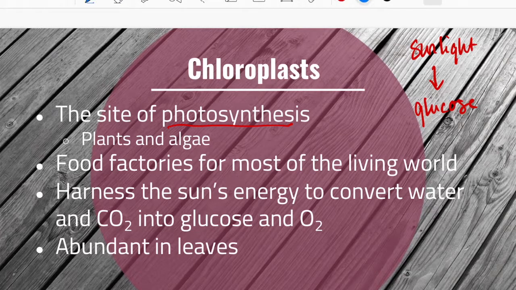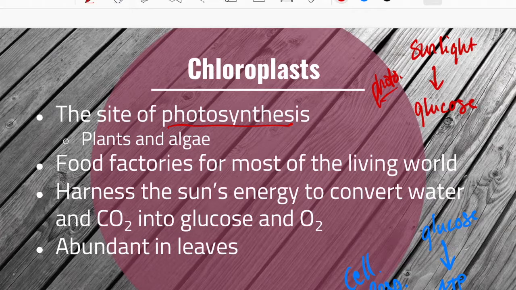Then there's another process that occurs in the mitochondria called cellular respiration, where the glucose gets converted into ATP. Okay, so this is cellular respiration. And this up here is photosynthesis. All right, chloroplasts are the food factories, and therefore plants are too, for most of the living world.